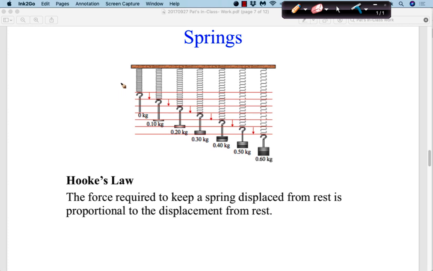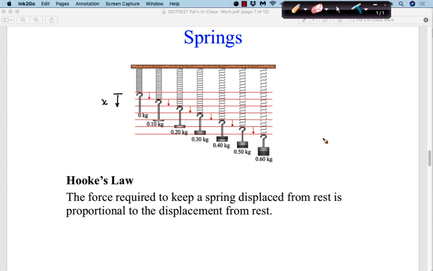But X is not the whole length of the spring. X is displacement from unstretched length. So how much longer are you making it by applying a force to it? That's what X is. It's not the whole length of the spring when you're done.